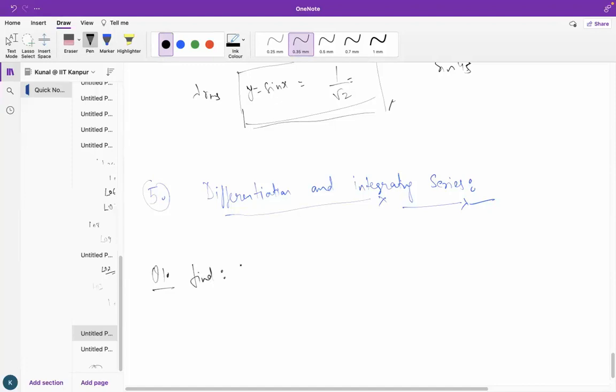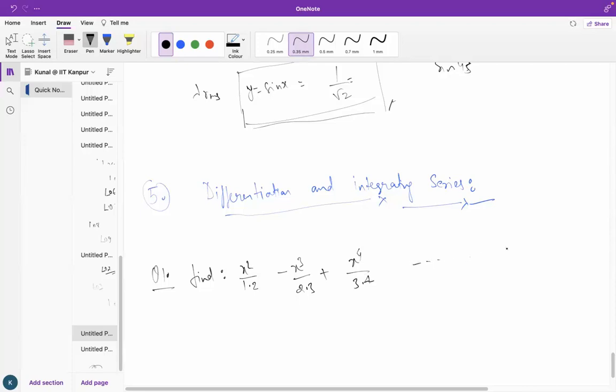find x square by 1 into 2 minus x cube by 2 into 3 plus x to the power 4 by 3 into 4, right?